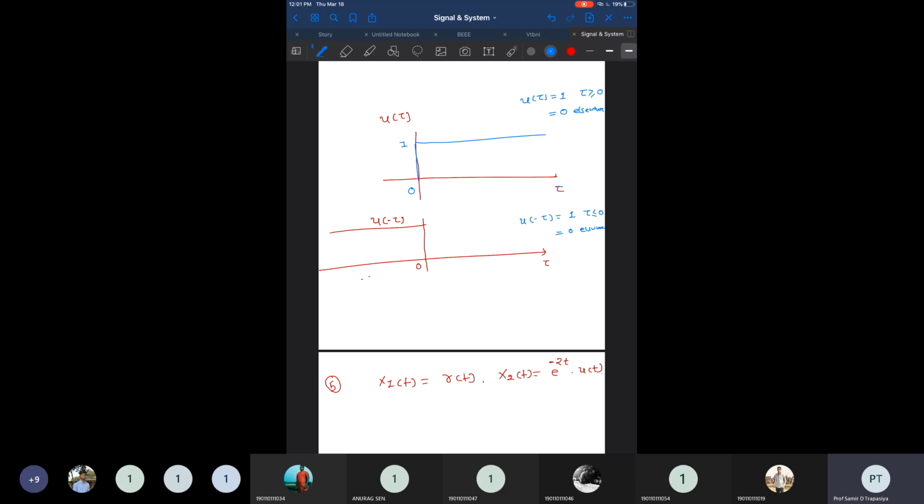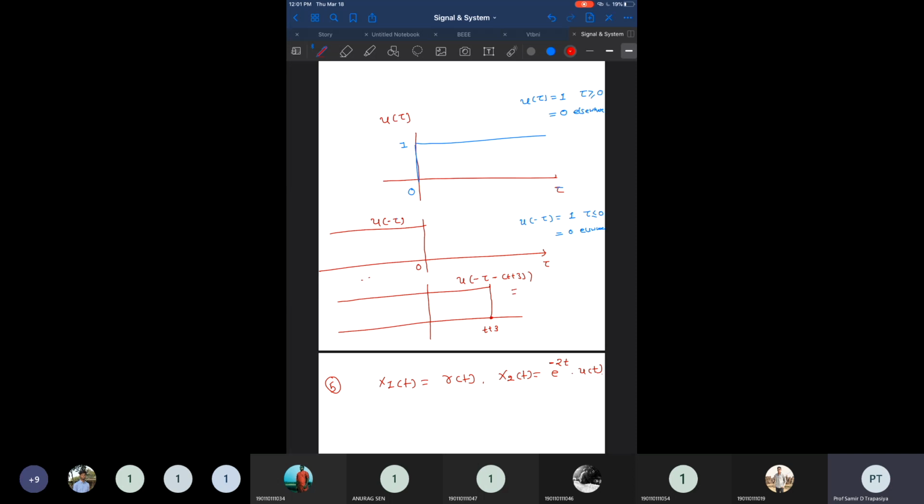So you find the region in which u of minus tau exists. Now we need to find u of minus tau plus t plus 3. This signal is delayed by some amount t plus 3, and if you plot it, this signal is u of minus tau delayed by t plus 3.